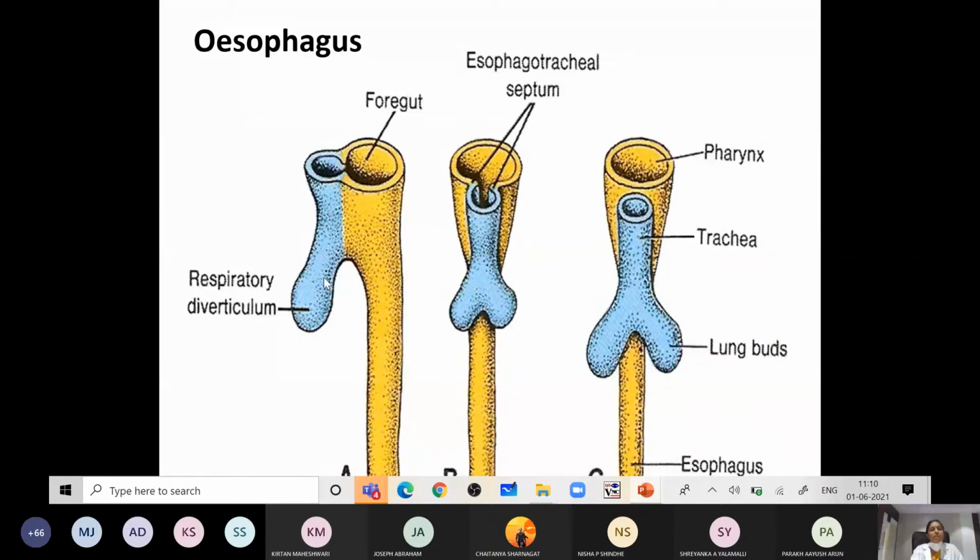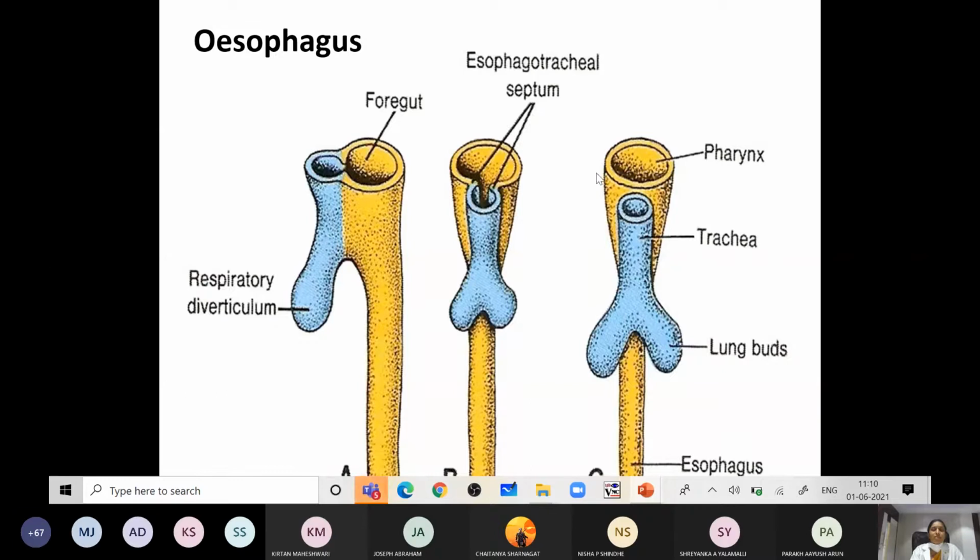Now you all know that it is initially attached to the respiratory diverticulum by a U-shaped furcula. Now a septum develops between the esophagus and the respiratory diverticulum, separating both of them. And how do they separate? They separate caudocranially. That means the septum grows from the caudal end up to the cranial end, and that is how there will be separation of the two tubes.